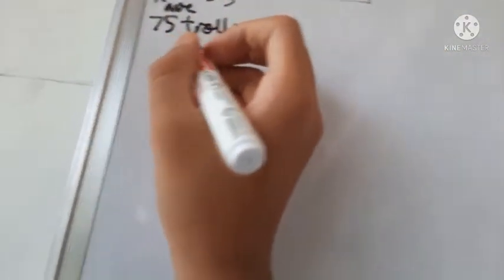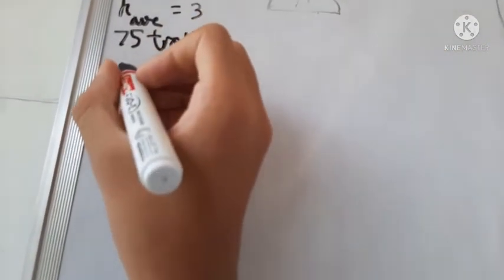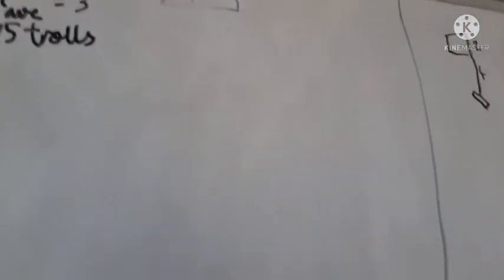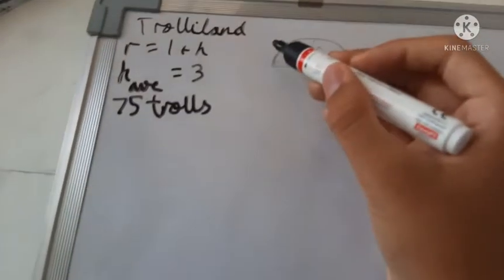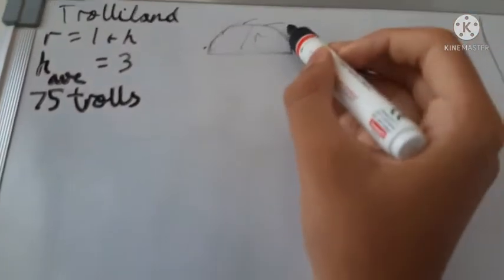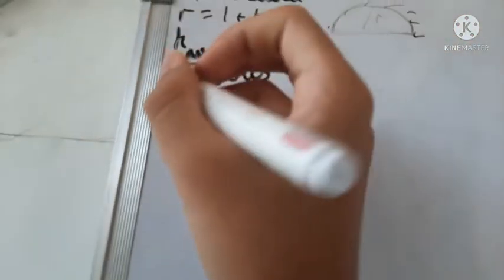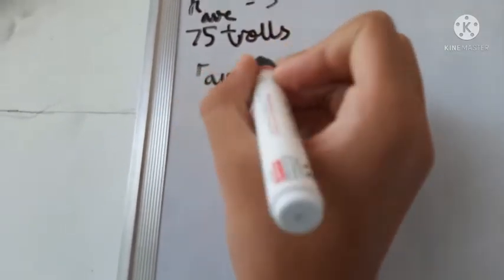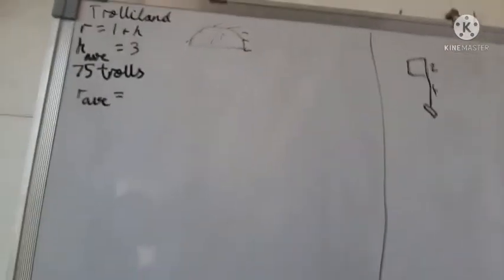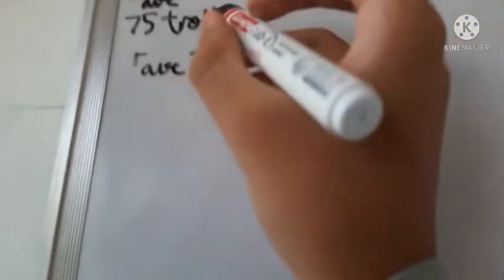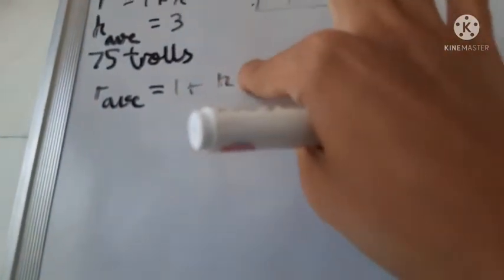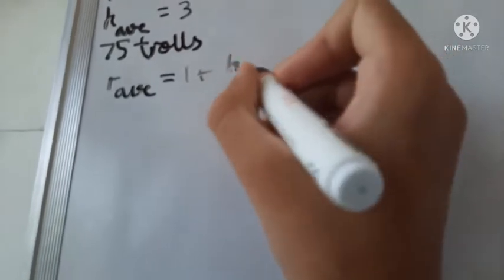So first, we're told to find the total amount of material used, the total length of all the bridges, and of course they mean this part, right? Okay, so let's start. First we'll calculate the average r, and that will be 1 plus the average height. Yeah, 1 more than the average height.